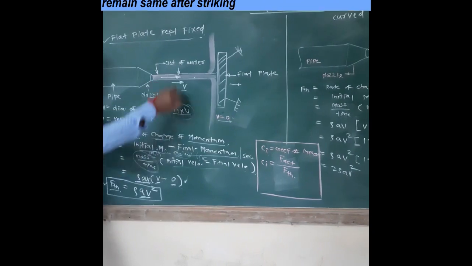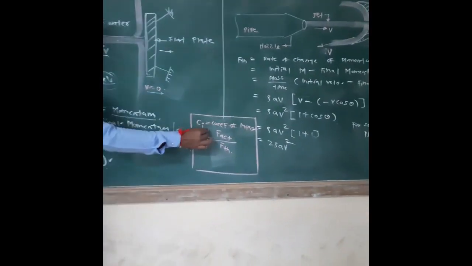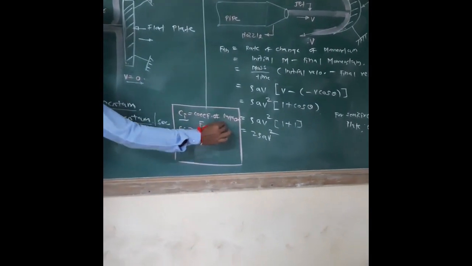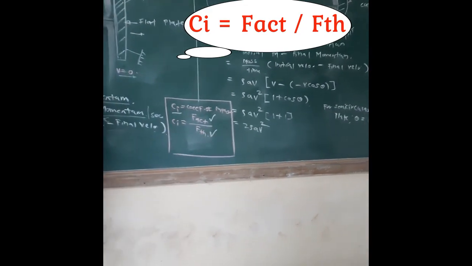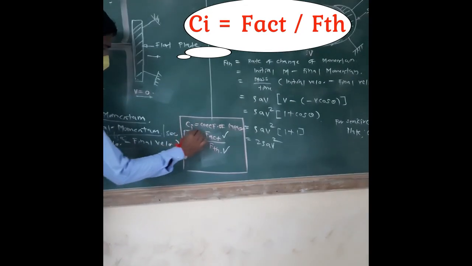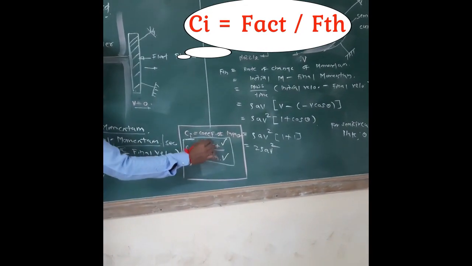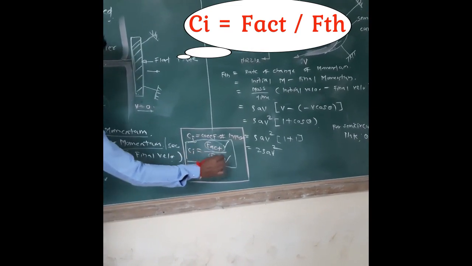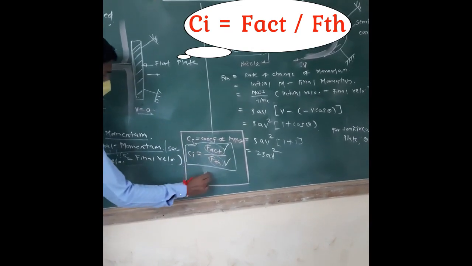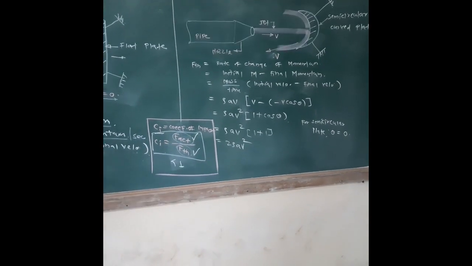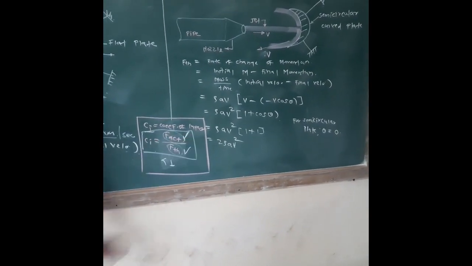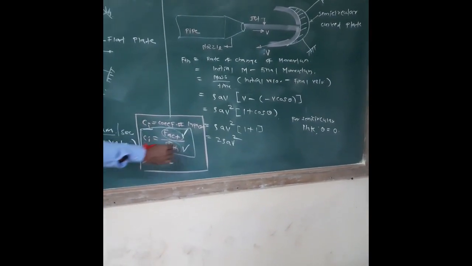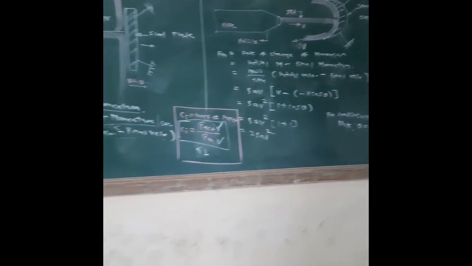Once we get the actual force, we can calculate the coefficient of impact, which is given by F actual upon F theoretical. We are interested in calculating this CI. Remember that the actual force will always be less than the theoretical force, which means CI will always be less than 1. The actual force will be measured, and the theoretical force will be calculated using this equation.